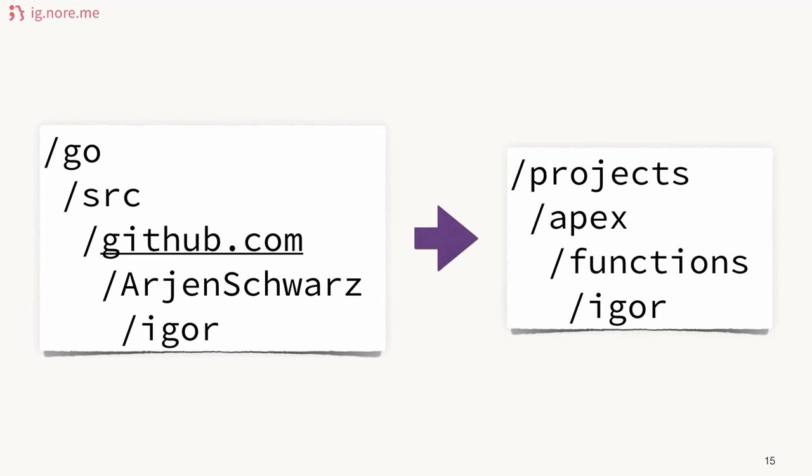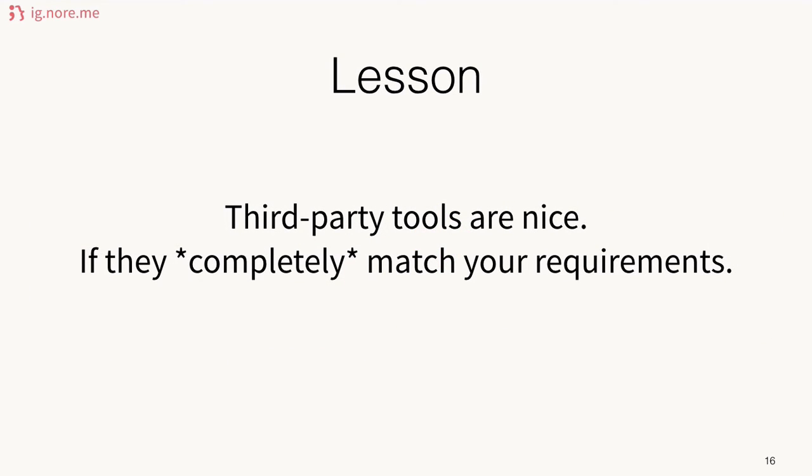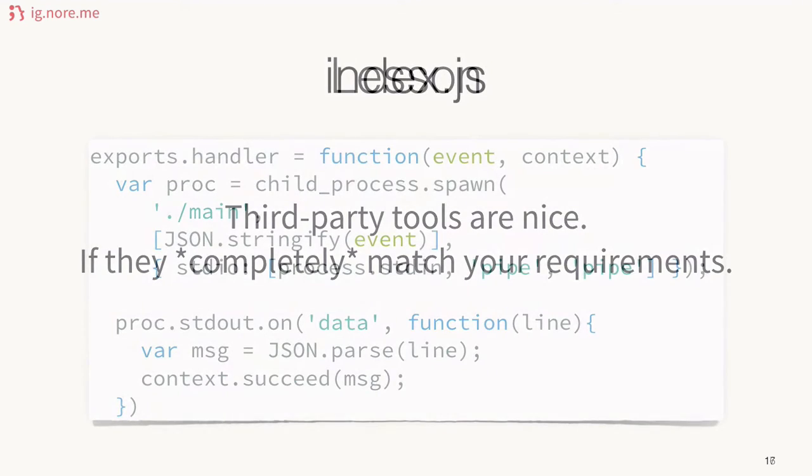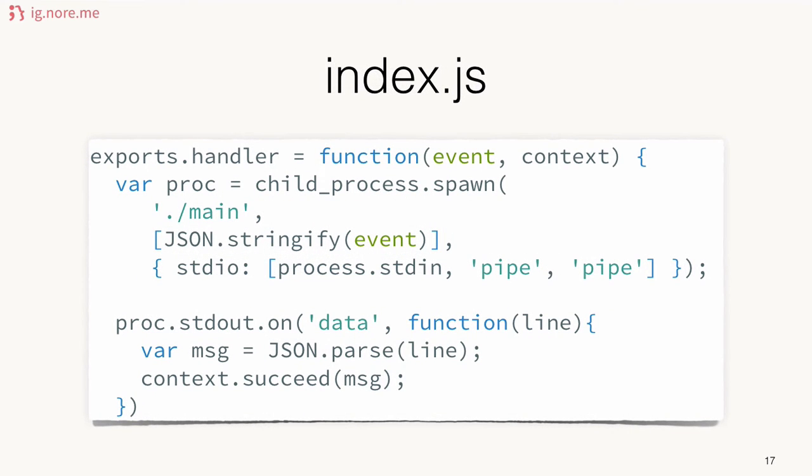So that made it a bit annoying, and again I decided that is just not good enough, and that led me to the next lesson, which is basically that all those third-party tools are nice, but they really need to completely match what you need. Otherwise, there's no point in using them. So at that point, I decided to just build my own wrapper instead.